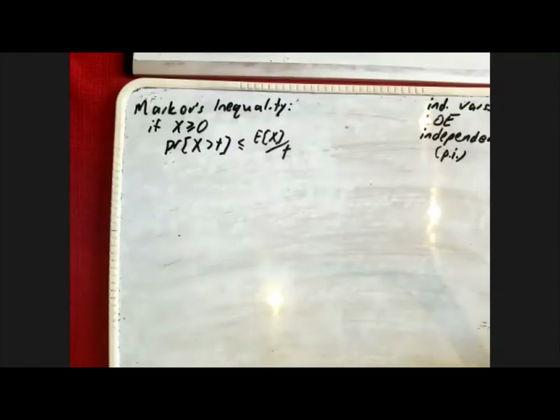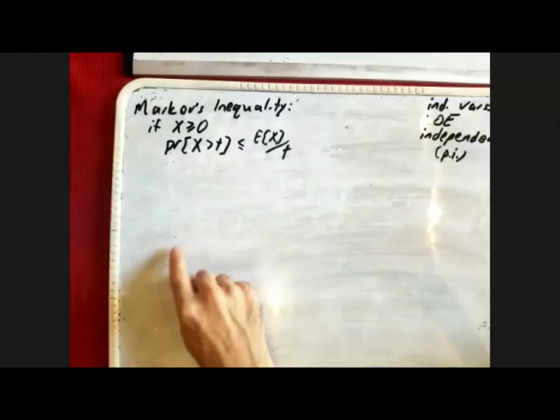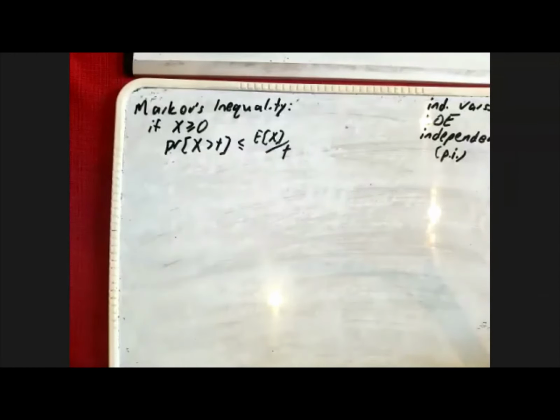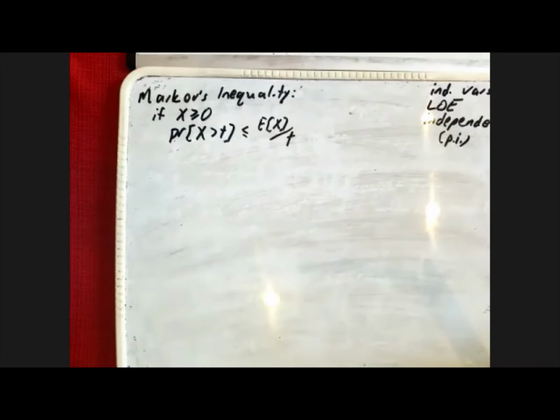Okay. So again, I'm assuming that most of you have seen this in your undergraduate probability classes. This is just a formalization of the rule from Prairie Home Companion that not everybody can be above average. If there is a large probability that x is larger than t, well, all of that probability is going to contribute to the expectation of x and make it too big. Okay.